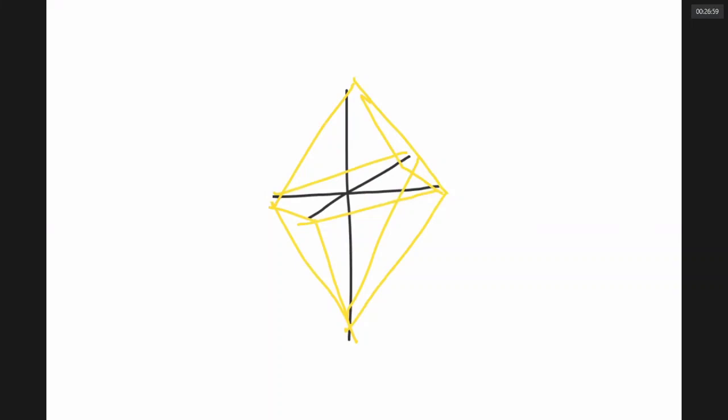So now here you have 5 bonds in ClF5 or BrF5: 1, 2, 3, 4, 5. And this is a lone pair.